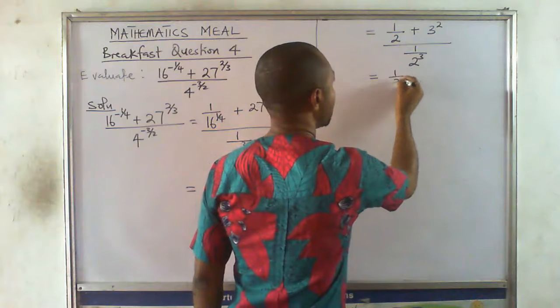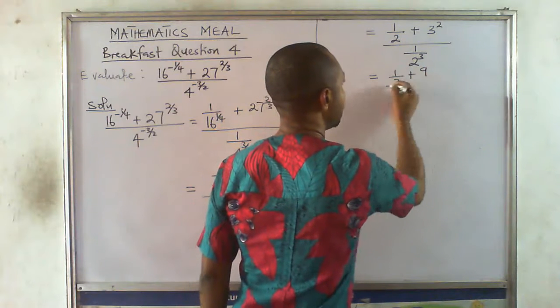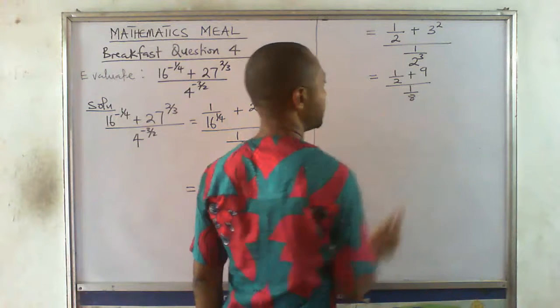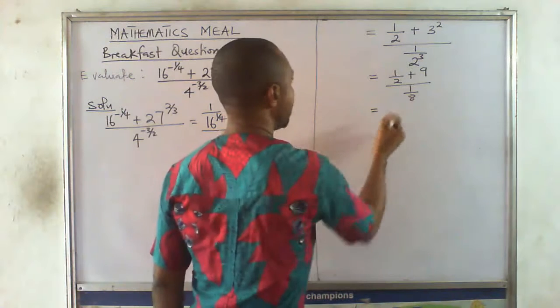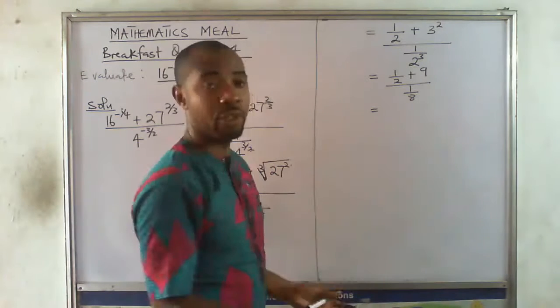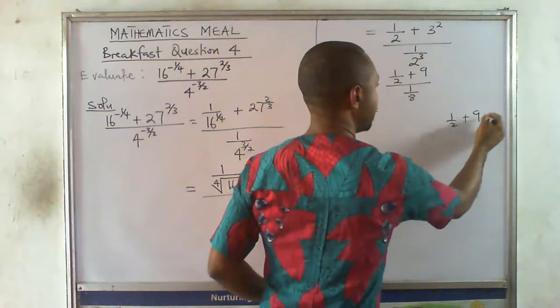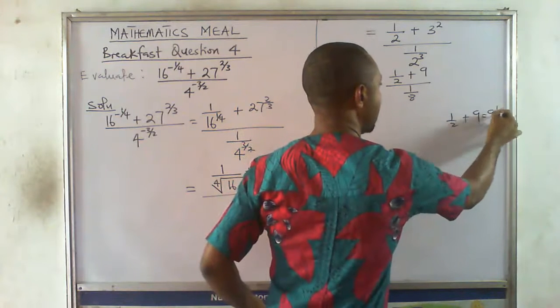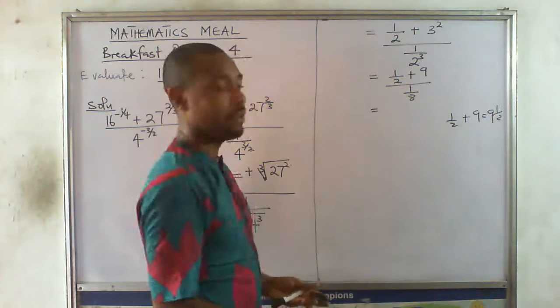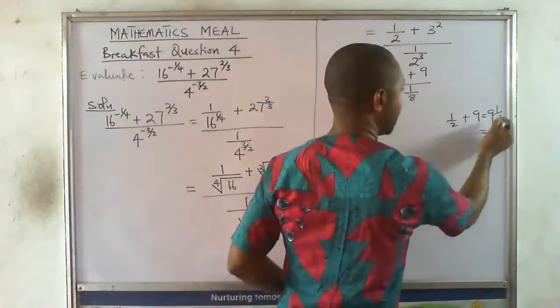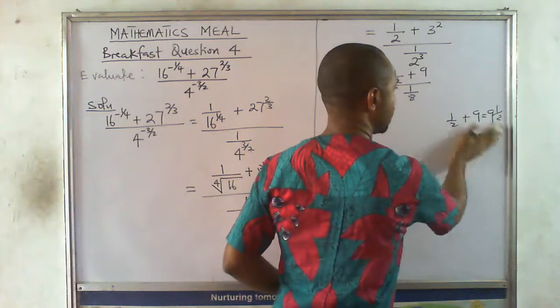So 1 over 2 plus 9, divided by 1 over 8. Let me evaluate the numerator. This one is just addition of fractions. So 1 over 2 plus 9 is supposed to give us 9 and a half, which is 19 over 2.